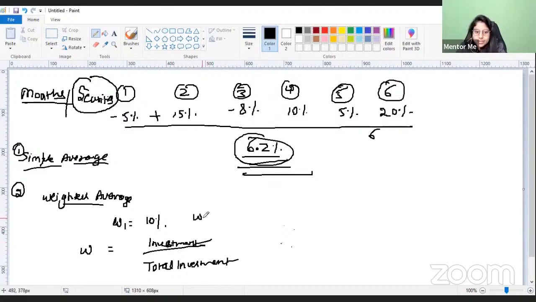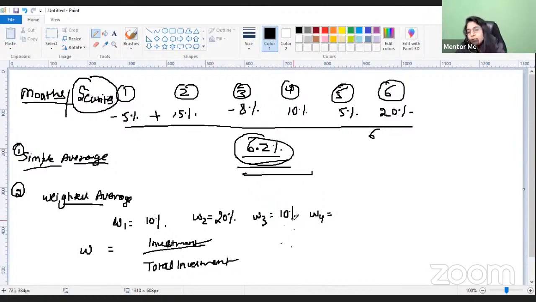So let's say as far as the second security is concerned, we had a lot of conviction in it. ठीक है, तो हमने उसमें अपना 20% डाला, तो हम अपने 30% फंड्स एग्जॉस्ट कर चुके हैं. In the third security again we did not have a lot of conviction and we invested something like 10%. इन द फोर्थ सिक्योरिटी, ठीक है, जिसने हमारे को 10% का रिटर्न दिया, अभी हमारे पास कितने रह गए?